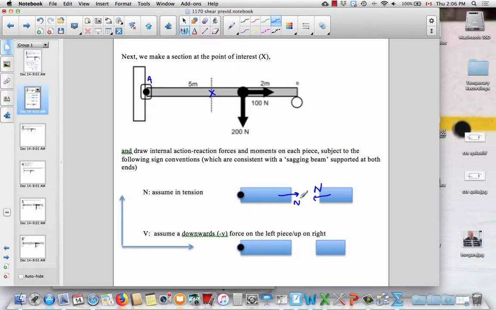So that means the XB side will be pulling on the AX side to the right. That's what this internal force is. Now, as this sags, that means this side is actually pushing down on AX. So this is a positive shear force.